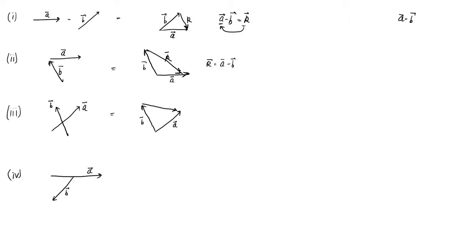This vector is R, which is equal to A minus B.